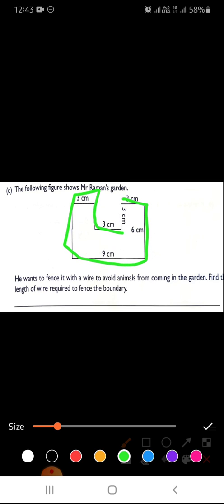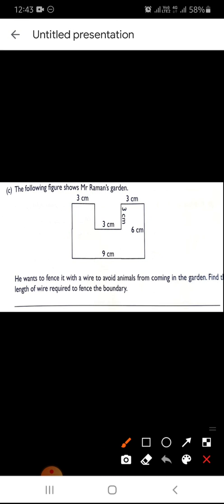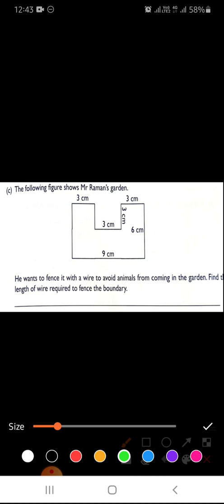So what do you have to find in this case? Yes, you have to find the perimeter. Here you can see this side is 3, this side is not given. This side and this side are equal, so this side will also be 3.